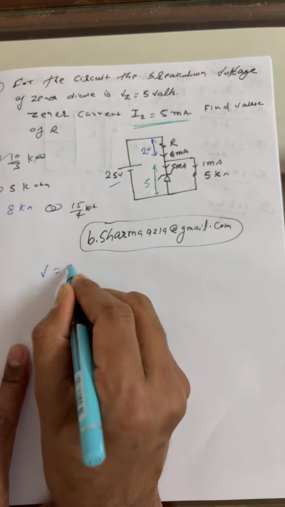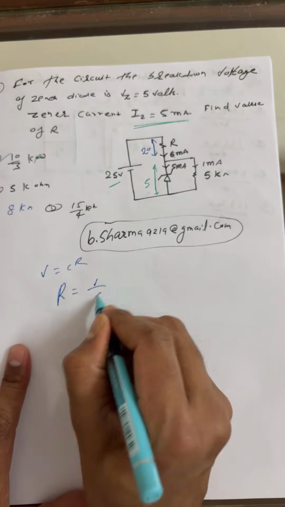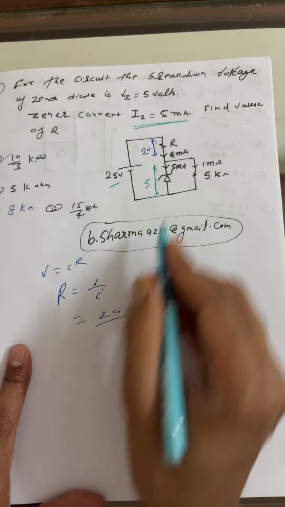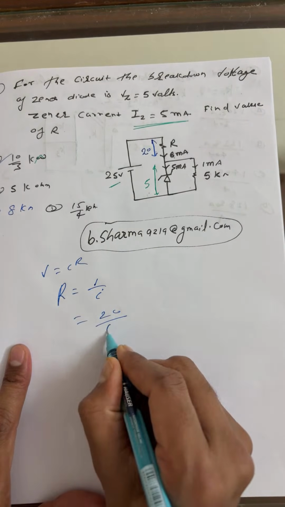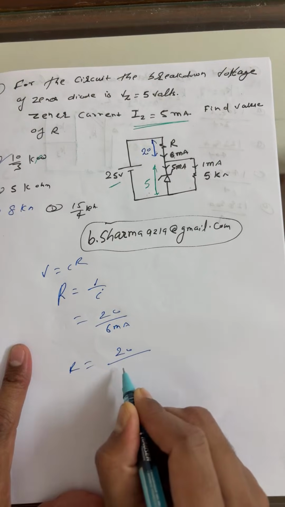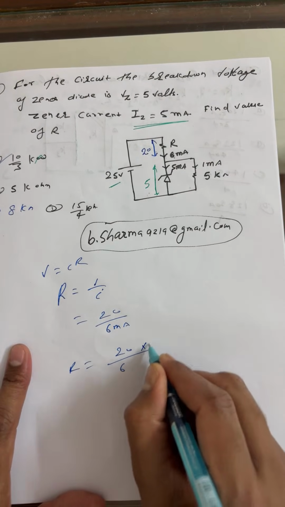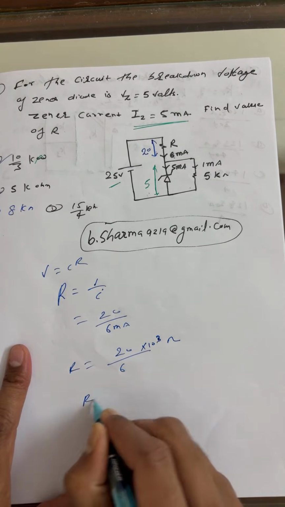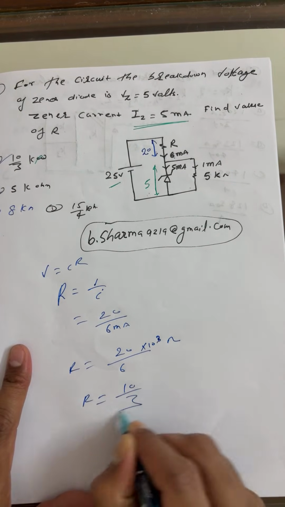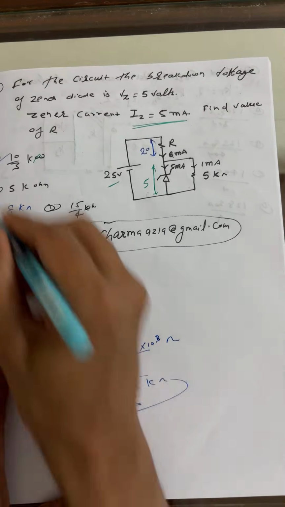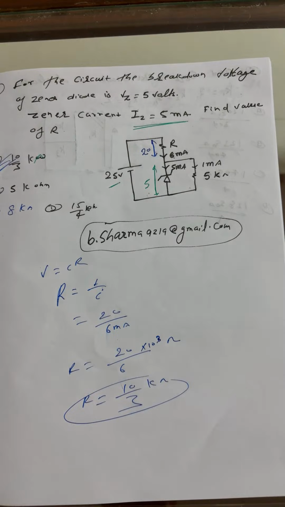V equals IR, so R is V upon I. V is 20 and I is 6 milliampere. So 20 by 6 into 10 to the power 3 ohm. So R is 10 by 3 kilo-ohm. Option first is the correct answer.